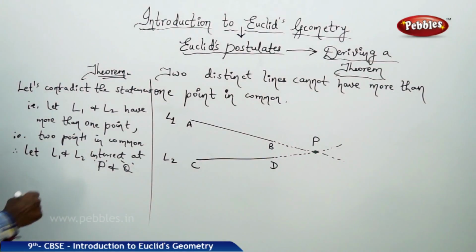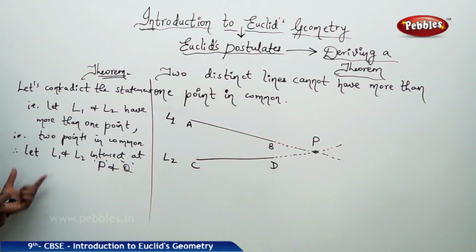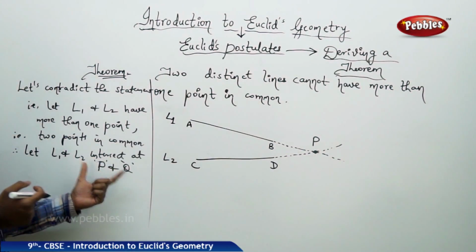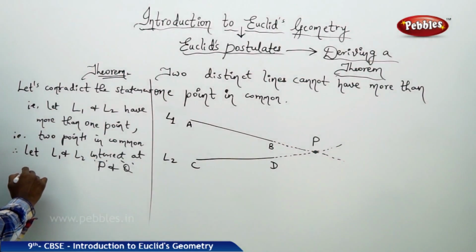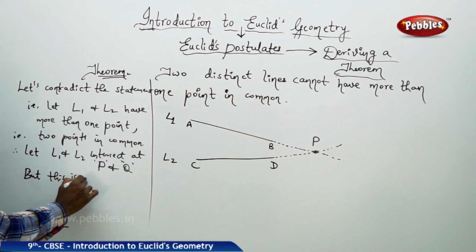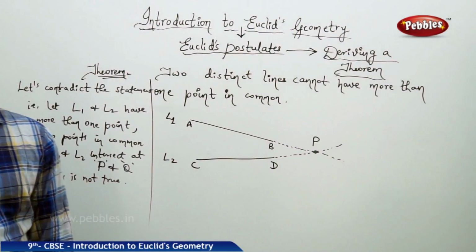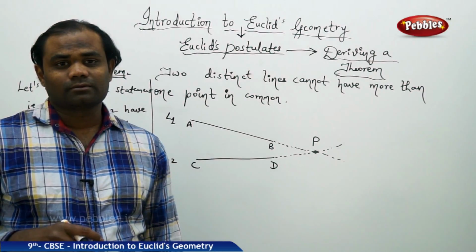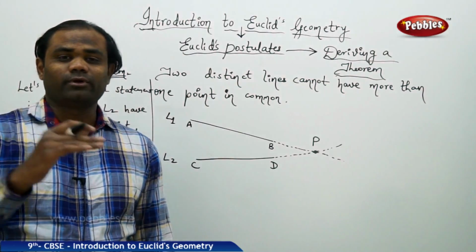Now, here comes the concept of proving the theorem. Now that we have assumed that the lines L1 and L2 intersect at P and Q, but this is not true. Why do you think that this is not true? Because we have already seen in the postulate that there's only one line which passes through the 2 points.